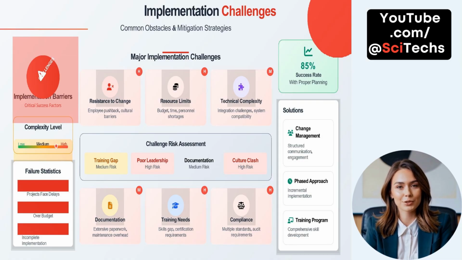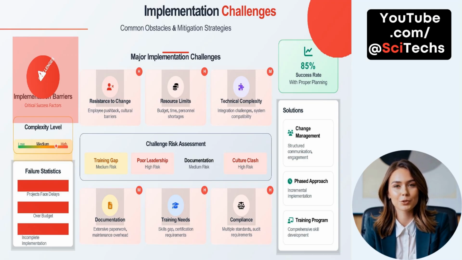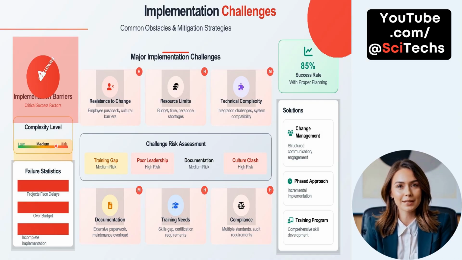Additional concerns include extensive documentation requirements, training needs tied to certification gaps, and the challenge of meeting multiple compliance standards. Despite these issues, an 85% success rate is achievable with proper planning. Effective solutions include structured change management to foster engagement, a phased approach to roll out QMS incrementally, and robust training programs to close skill gaps and enhance workforce readiness.